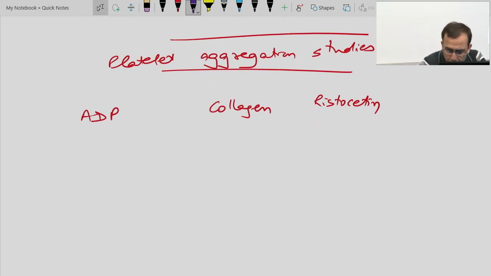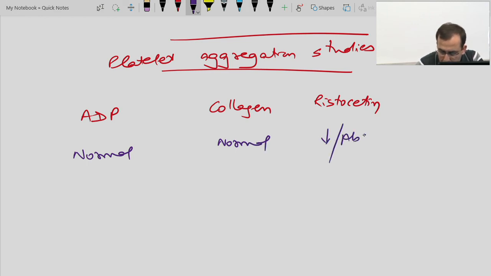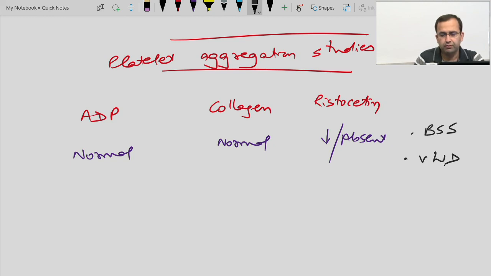If the response to ADP is normal, to collagen is normal, but to ristocetin is reduced or absent, then it can either be Bernard-Soulier syndrome or von Willebrand disease.